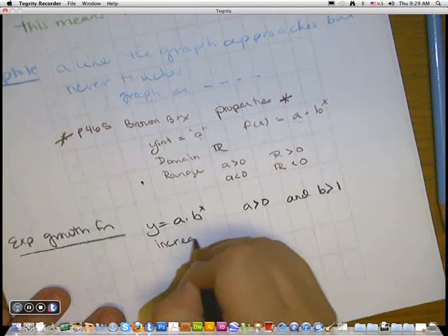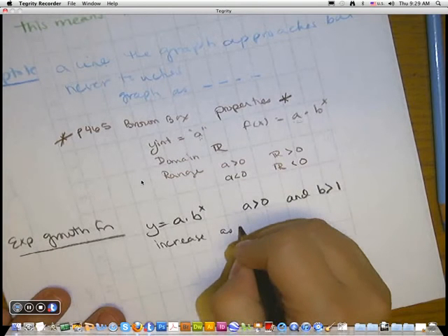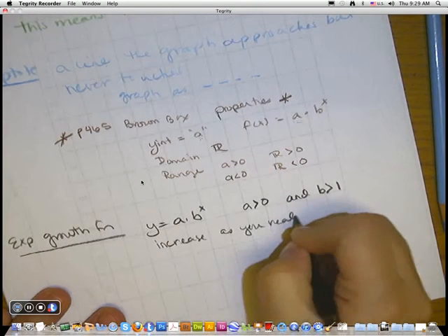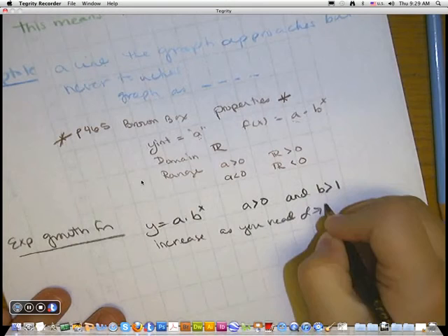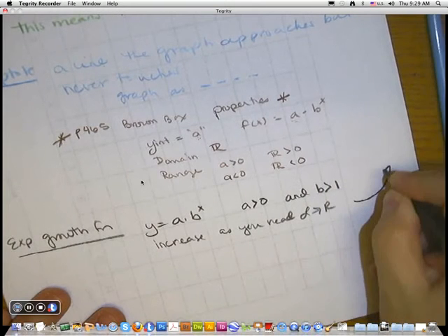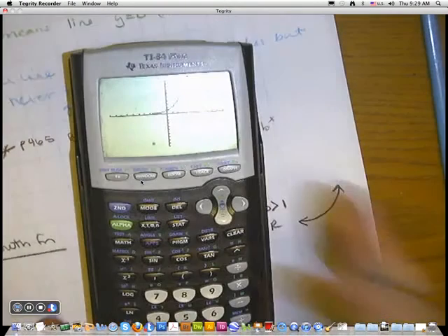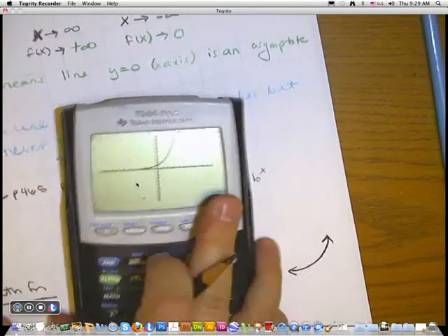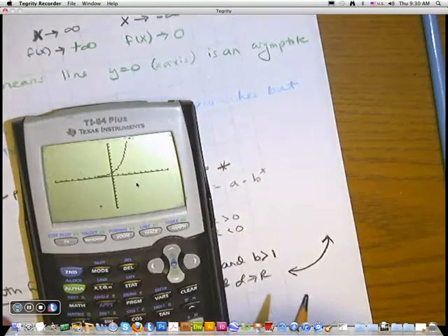The picture itself will increase as you read it from left to right. So it looks something like this, like the one that we did. It increased from left to right.